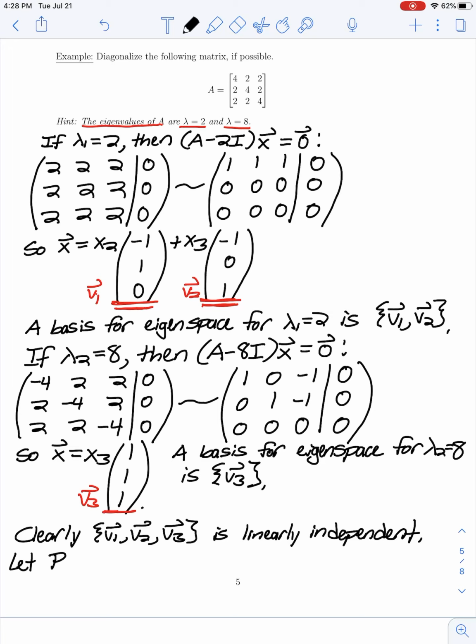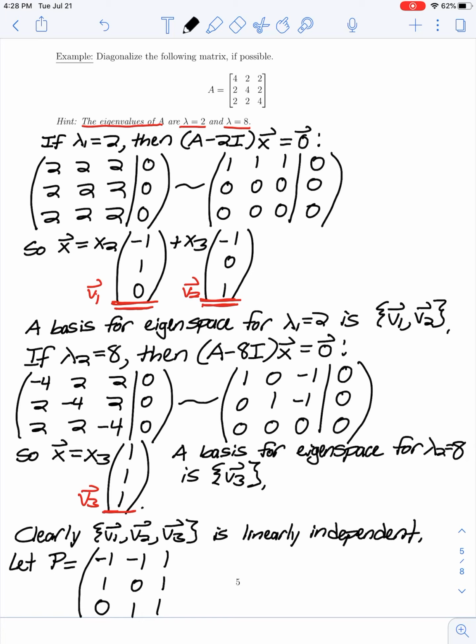we let our matrix P be the matrix which has these eigenvectors as its columns. So -1, 1, 0, -1, 0, 1, and 1, 1, 1.